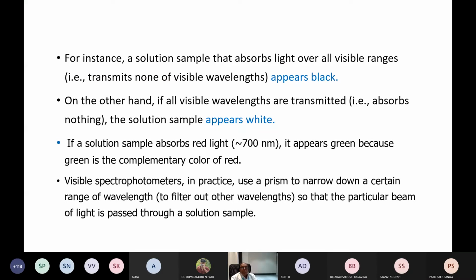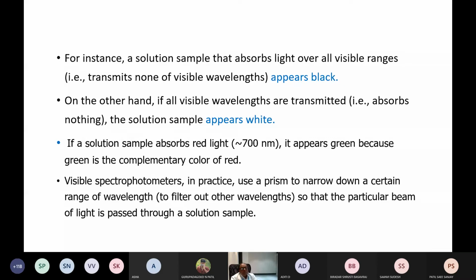For instance, a solution sample that absorbs light over all visible ranges, that is, transmits none of the visible wavelengths, appears dark. When it is not accepting anything, it appears dark. On the other hand, if all visible wavelengths are transmitted and everything is passing out, then it appears white.